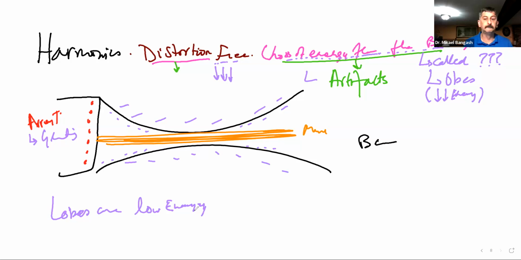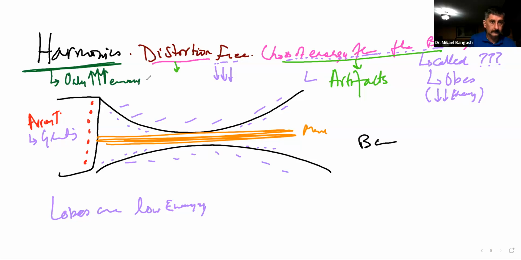Is that clear? Yes, it is. Good. And that's mainly what we'll have to look at as a characteristic of harmonics. Because what harmonics mainly is, there's only going to be high energies that can produce harmonics.